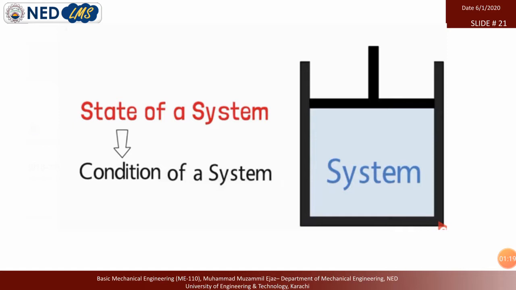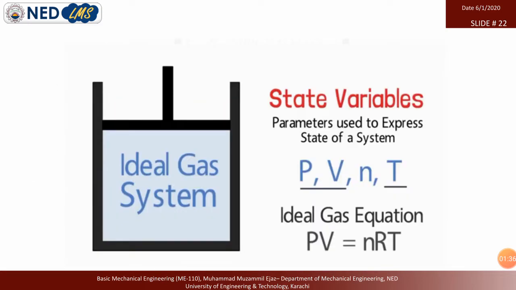So before studying these processes, we have to define the system by state variables, and state variables depend upon the condition of the system. These are the state variable parameters used to express the state of the system. For example, for a compression process, in state 1 the pressure is lower and the volume is higher, and when it goes from state 1 to 2, the pressure increases and the volume decreases.